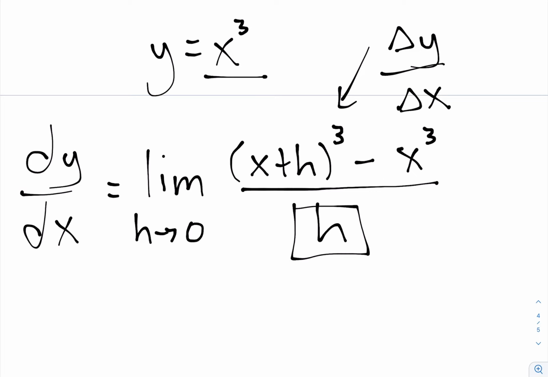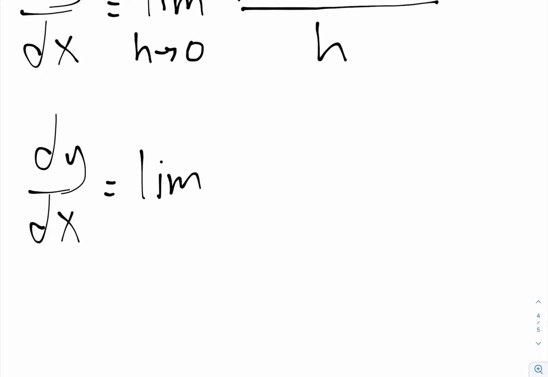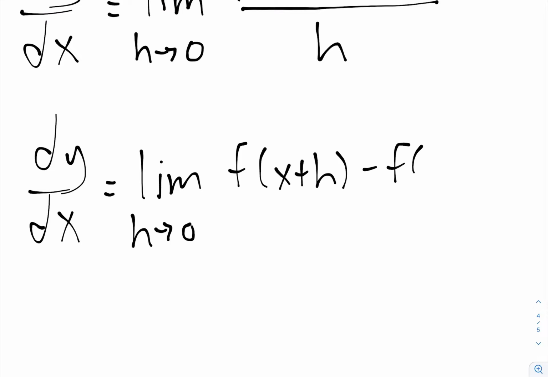So how can we simplify this? Well, let's actually do a question to simplify it, because this is the definition of the derivative for our equation y equals x cubed. But if we wanted to write it generally, how you write it is the derivative of any function, so dy by dx, is going to be the limit as h approaches 0 of f of x plus h minus f of x.